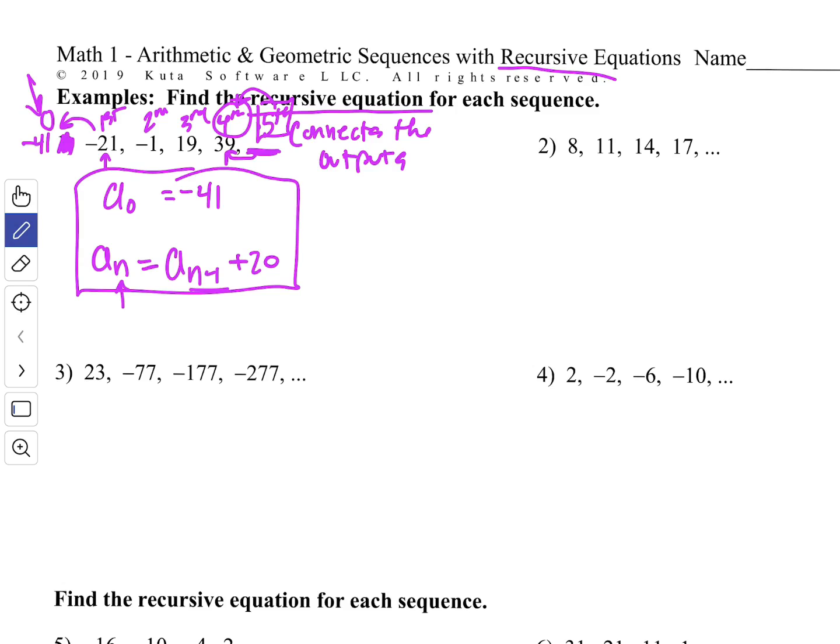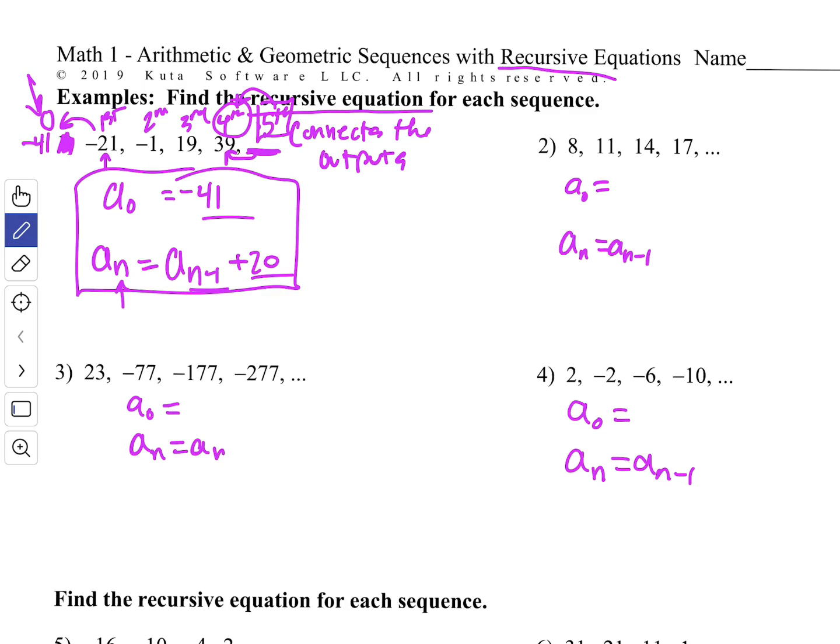Those two equations make up the recursive equation. We have to have the start and we have to have the growth. The easy part about it is, on every single recursive equation, I'm going to write these first two parts: a sub 0 equals, and a sub n equals a sub n minus 1.